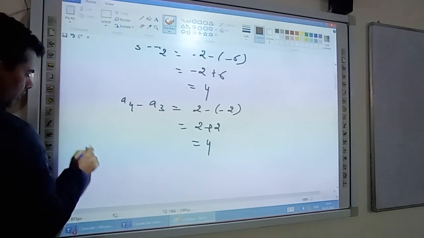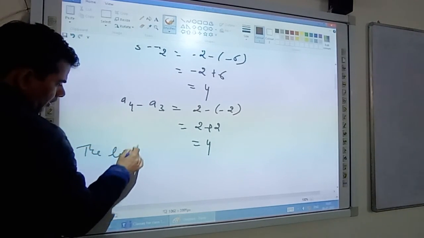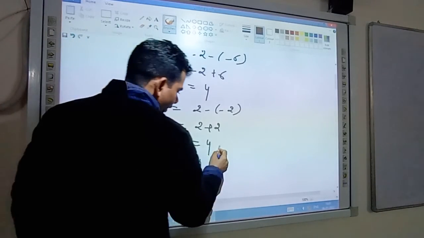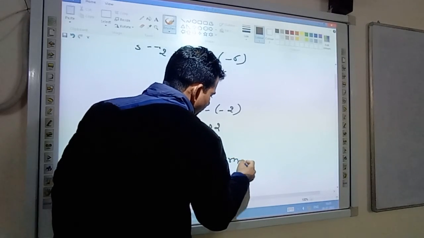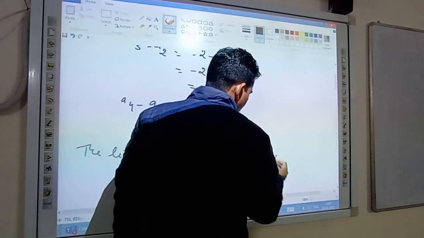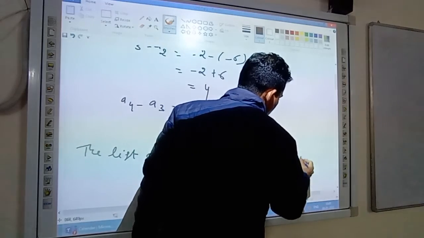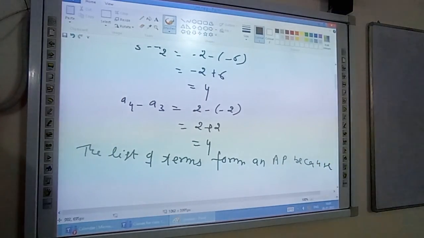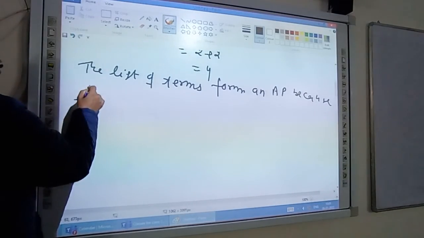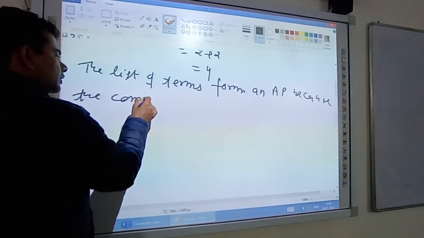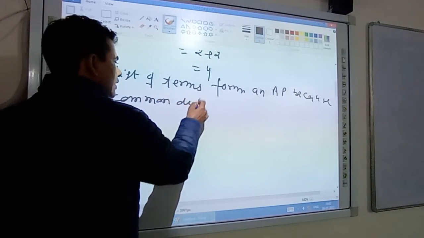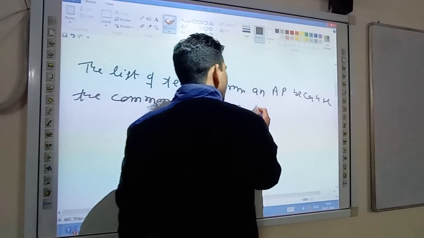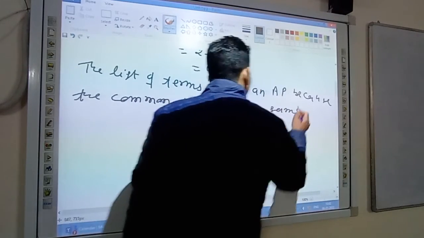The list of terms forms an AP. Why? Because the common difference is the same throughout the series.